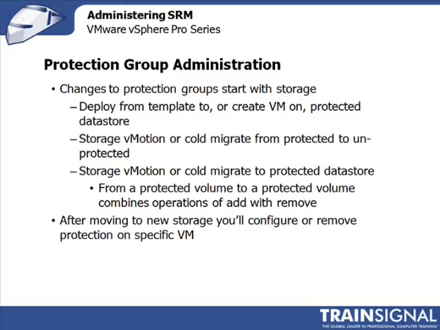So when you move the VM from a protected data store, you would then need to remove protection on it so that the shadow VMs at the recovery site aren't reflecting that that VM lives in a certain data store that it doesn't any longer. So once you've removed the protection, you would then need to go into the new protection group that's servicing that replicated data store, and then add protection back onto that virtual machine. I'll show you that in a demo in just a second, though.